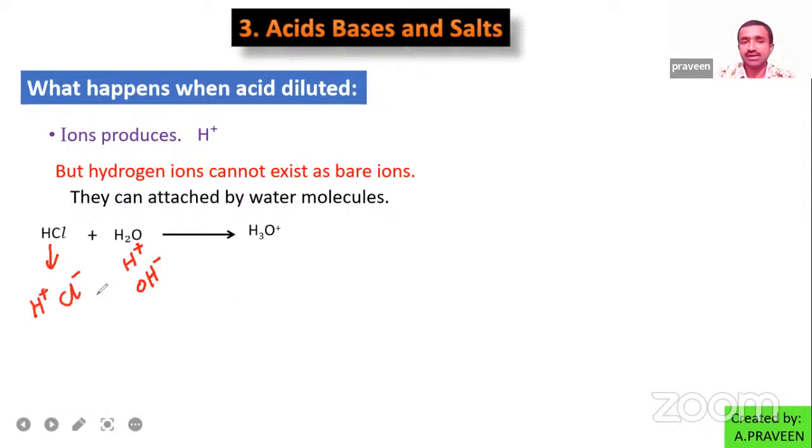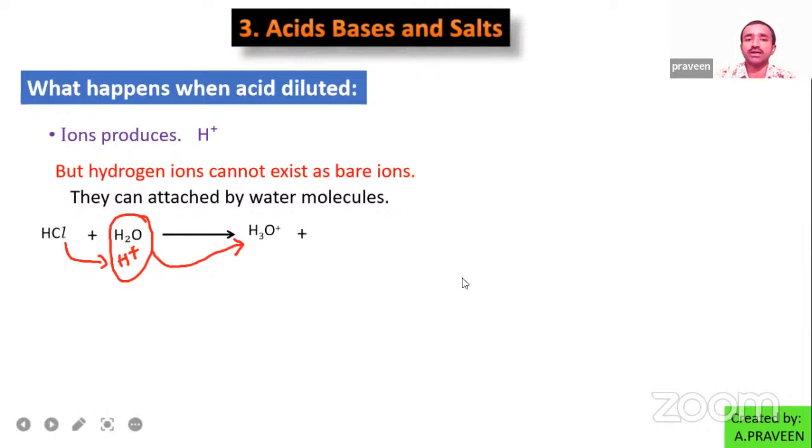Okay, that is not given in your 10th level. Directly what they have given here: H plus ions will be produced by the acid in acidic medium. That H plus immediately combines with H2O, giving you H3O plus ions. Then remaining is Cl minus ion.